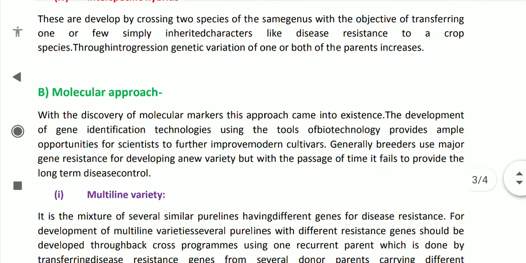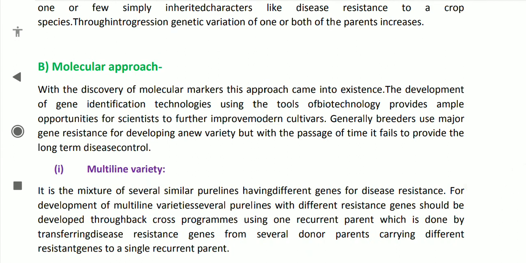Molecular approach. We had studied the classical approaches, now we will study the molecular approach. With the discovery of molecular markers, this approach came into existence. The development of gene identification technologies using the tools of biotechnology provides ample opportunity for scientists to further improve modern cultivars.